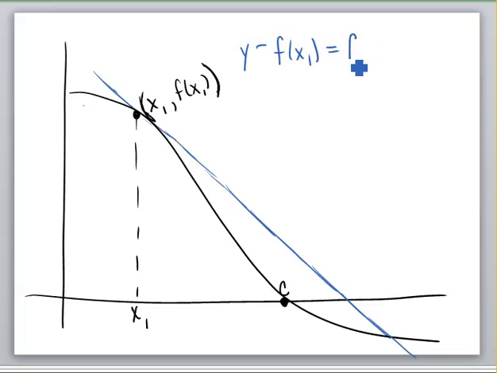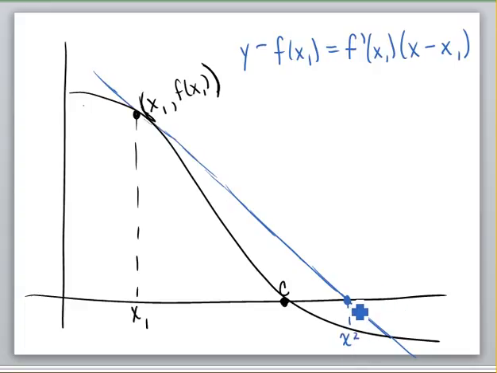Well, the slope would be f prime of x sub 1, and then x minus the x value, which would be x sub 1. What that allows me to do is approximate a new value of x, and we'll call this x sub 2.